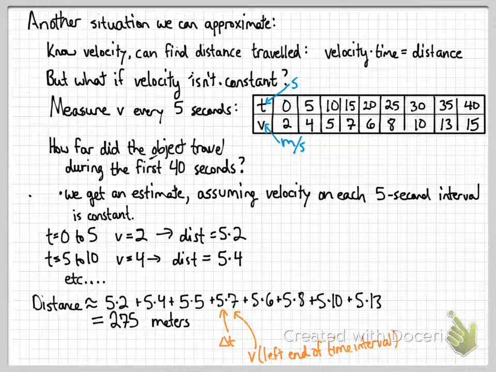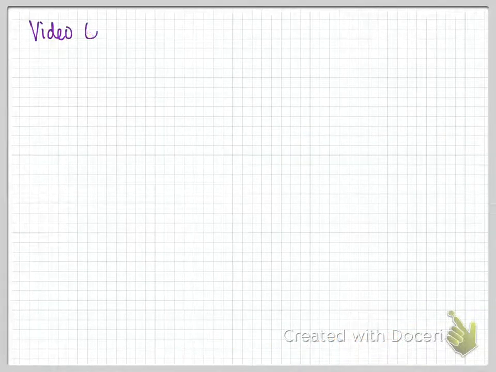So each of those is a delta t times v of a left-hand end, so this really is an L something, and there were 8 time intervals there. So it's an L8. I used the left-hand endpoints of each time interval, and there were 8 little time intervals. I added it all up, so I found an L8 approximation for distance traveled. Same thing as areas, only now I was thinking about it as distances, velocity times time.